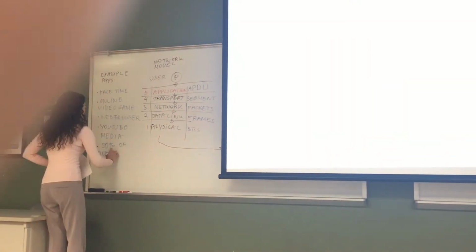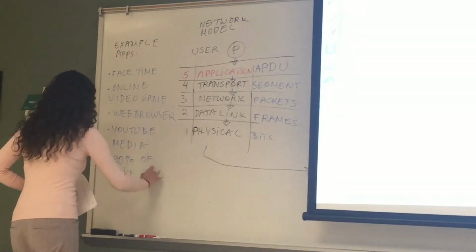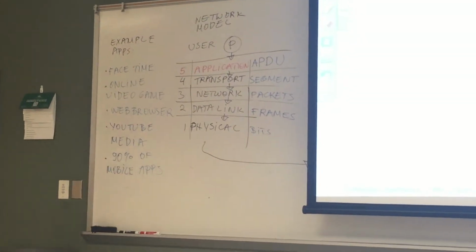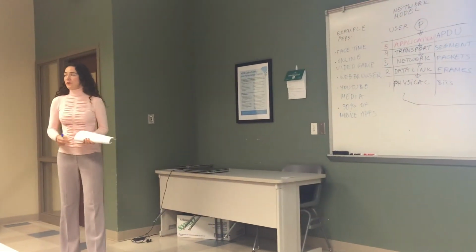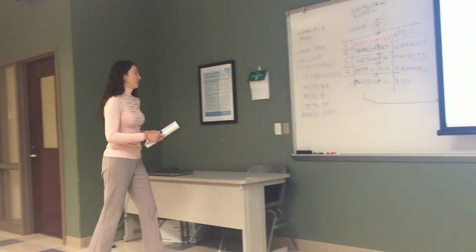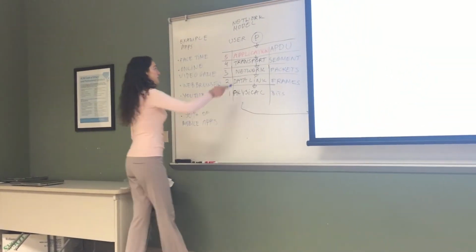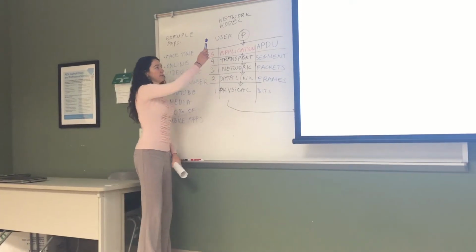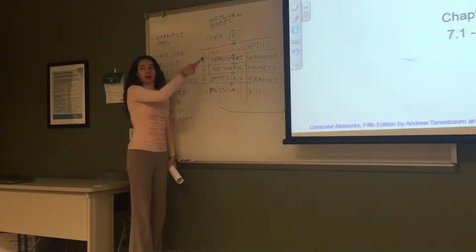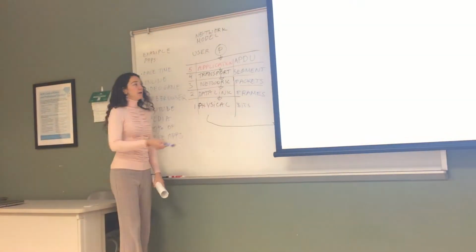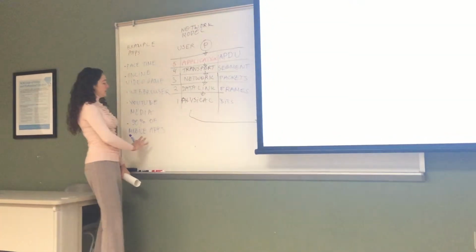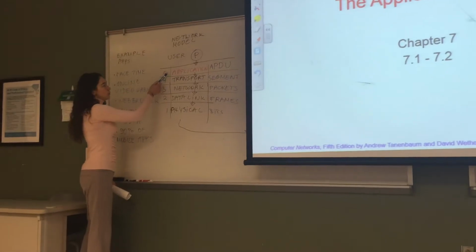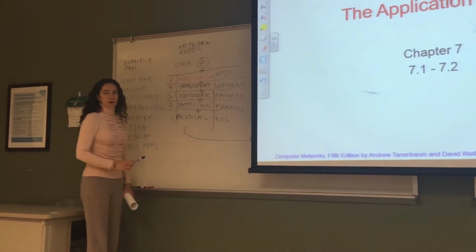The calculator on my phone does not need to use the network, even though it's on the cell phone. But for the most part, most of the applications need to use the network. Whatever that application is, it resides in the application layer, and that's why we have this layer. It allows any of these applications to send requests through the network.